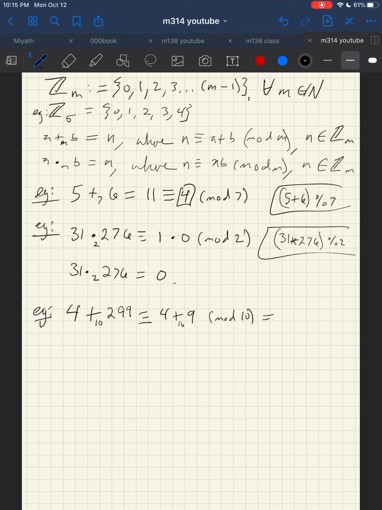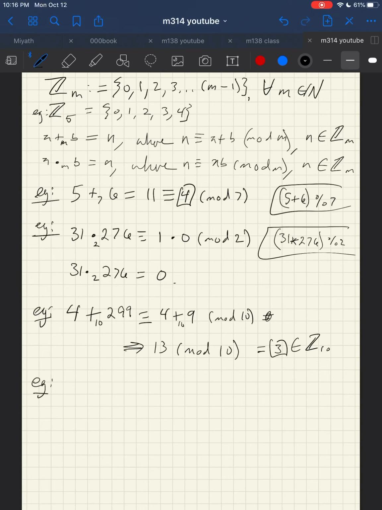And so this is 13 mod 10. But we notice 13 is not an element of Z10. It's not a number between 0 and 9. So this is equal to 3, and 3 is an element of Z10. Right, so that would be our final answer here.